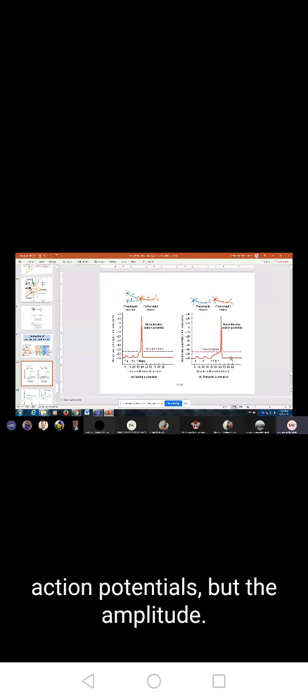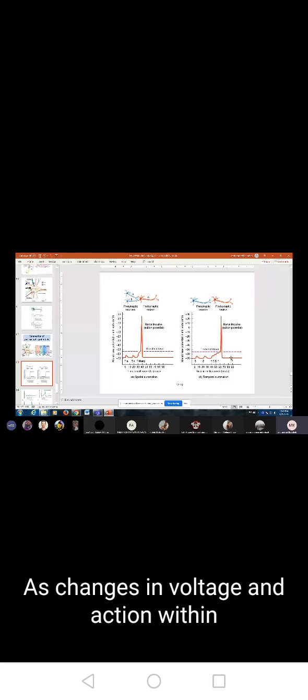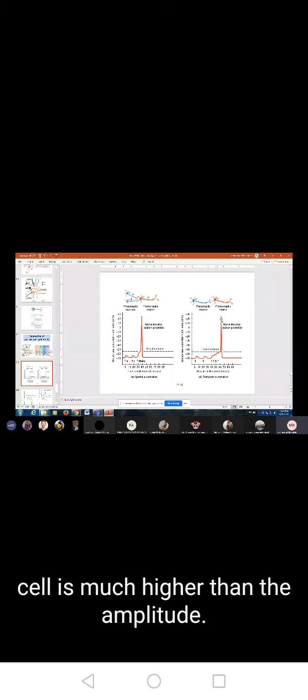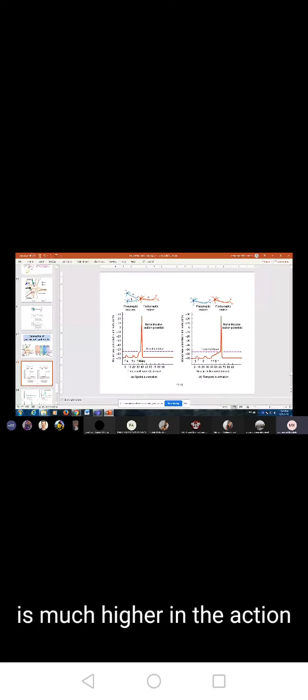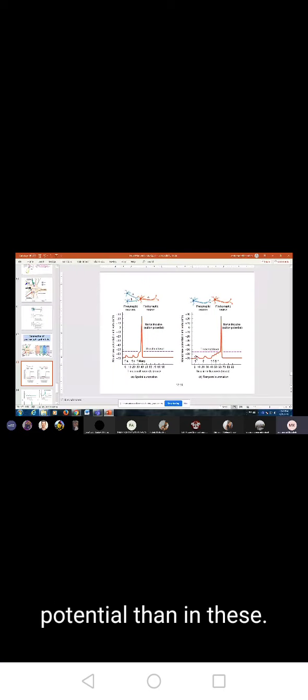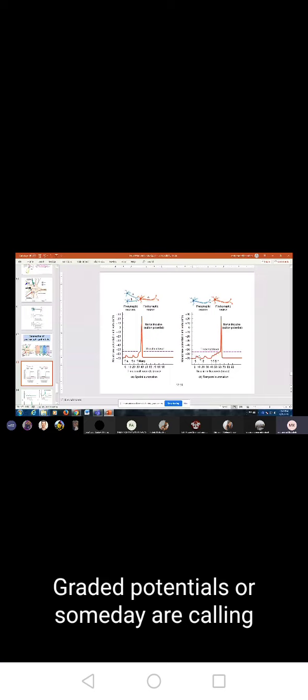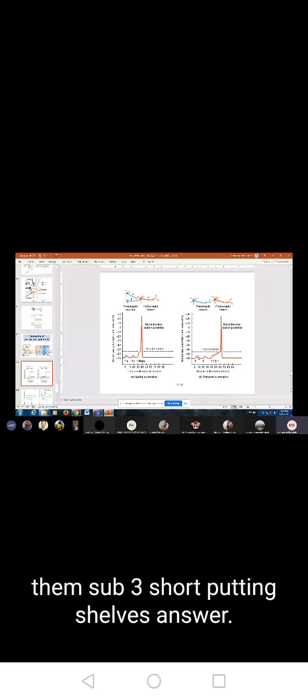But the amplitude, the changes in voltage, is much higher in the action potential than in these graded potentials, or what some call subthreshold potentials, and so on.